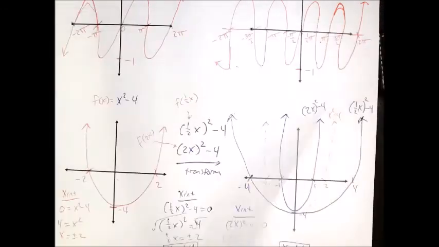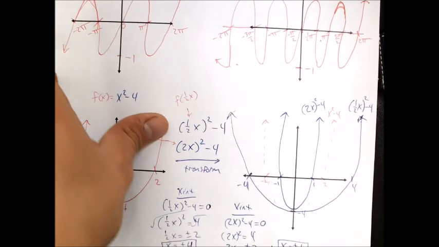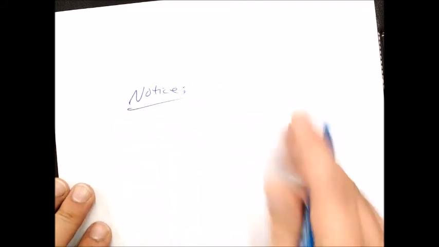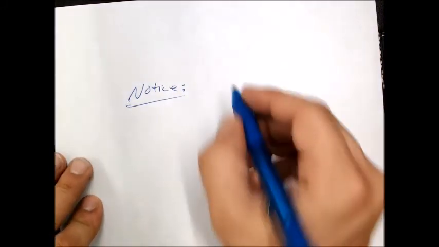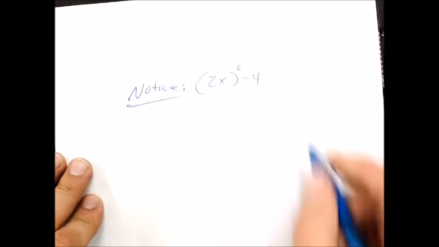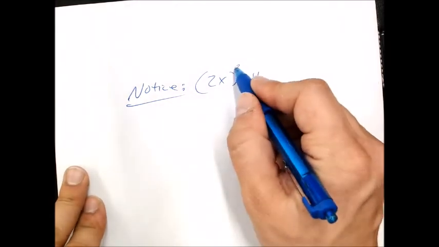because we can phrase this as a vertical stretch. So let me just show you that real quick before we do our group quiz here. So notice this. You don't have to write this down necessarily if you don't want, but if we do 2x squared minus 4, and we simplify this, so let's distribute the square.